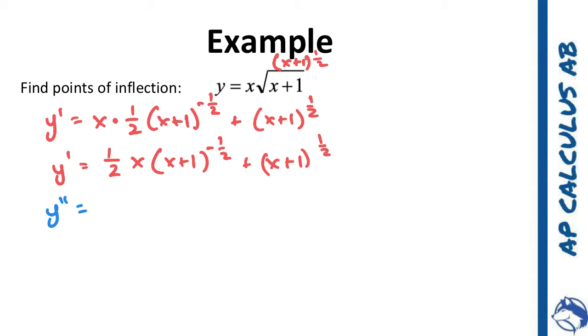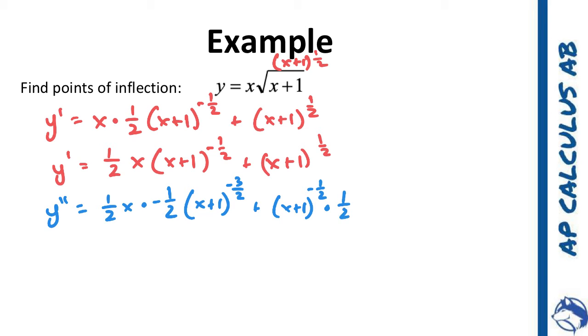Well, this is going to be the product rule, so first one times the derivative of the second one, plus the second one times the derivative of the first one, plus the derivative of just that last piece. So this is just 1/2 x plus 1 to the negative 1/2.